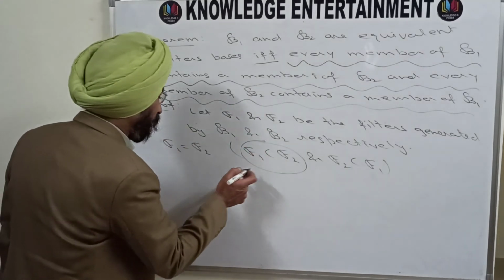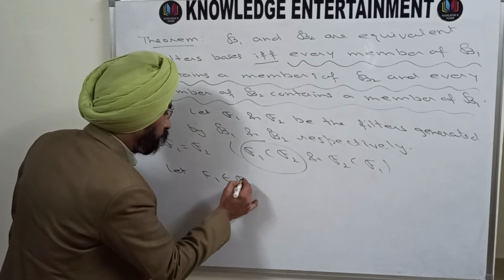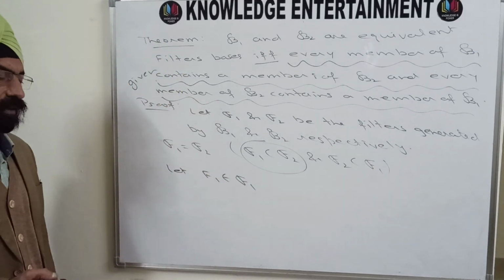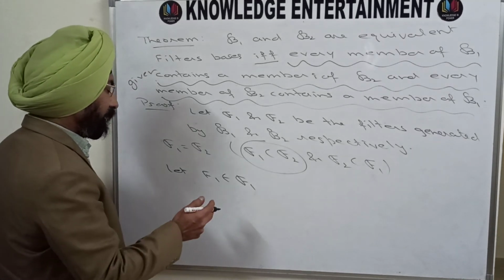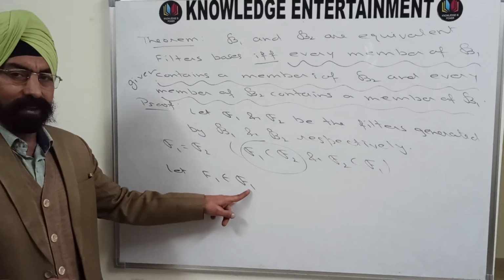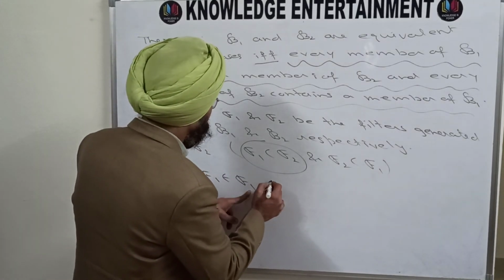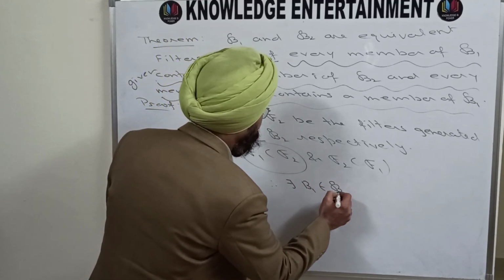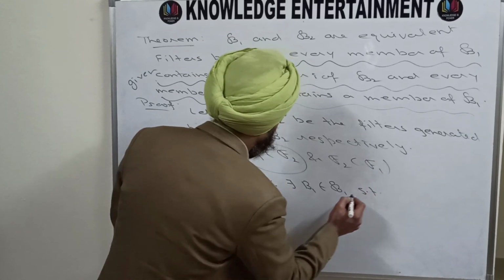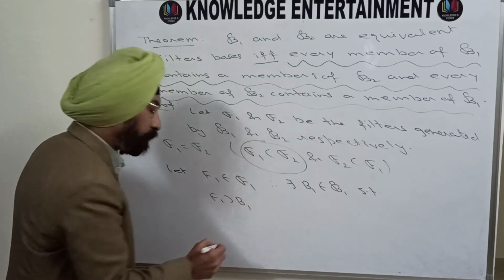Let f1 be a member of F1. Every member of the filter F1 is a superset of some member of its filter base. So there exists B1 in B1 such that f1 is a superset of B1.